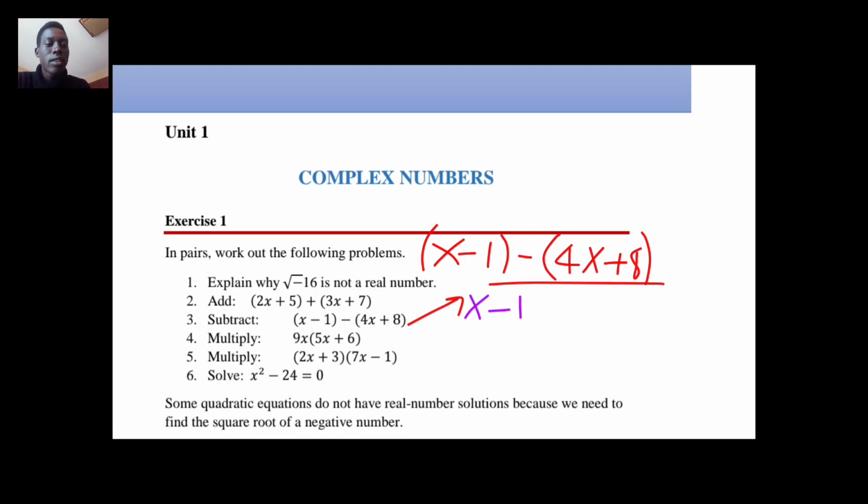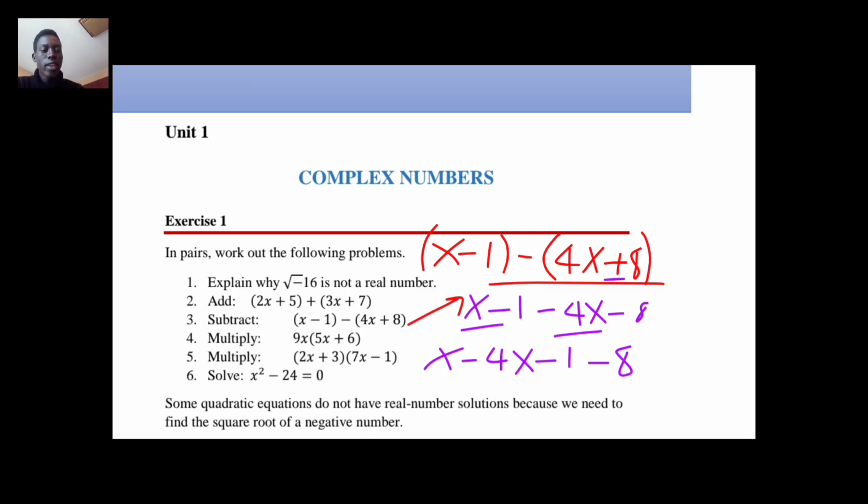So for this one, since it is positive, it is going to be negative. So this one is going to be negative 4x, and this is going to be negative 8 here. After working it out like this, you need to collect like terms: x minus 4x together, minus 1 minus 8.